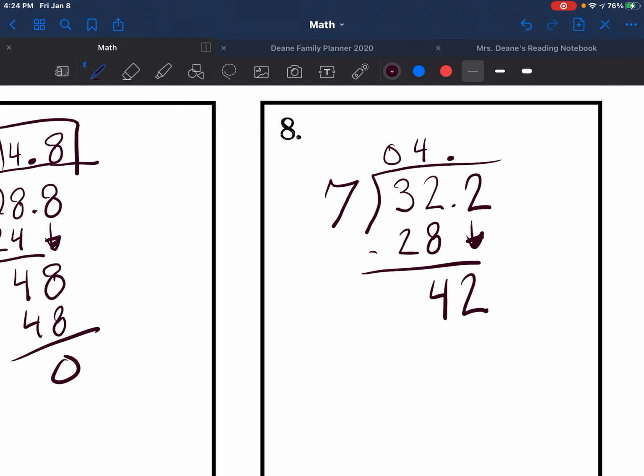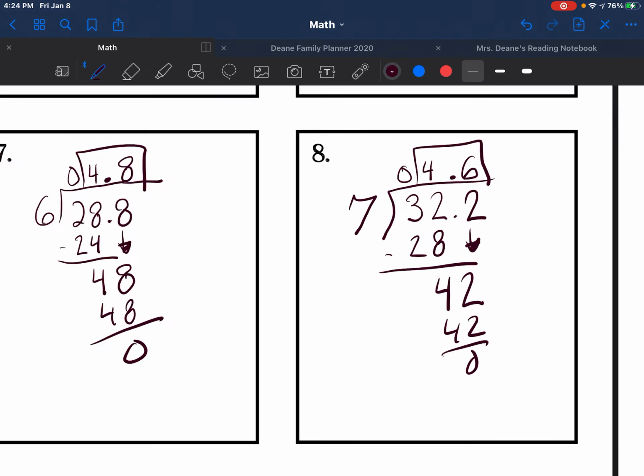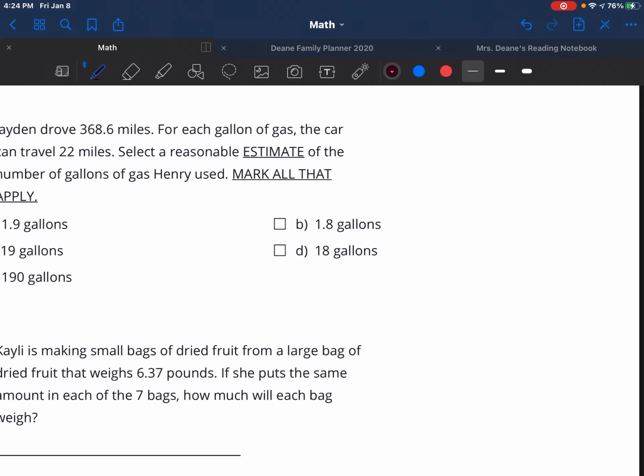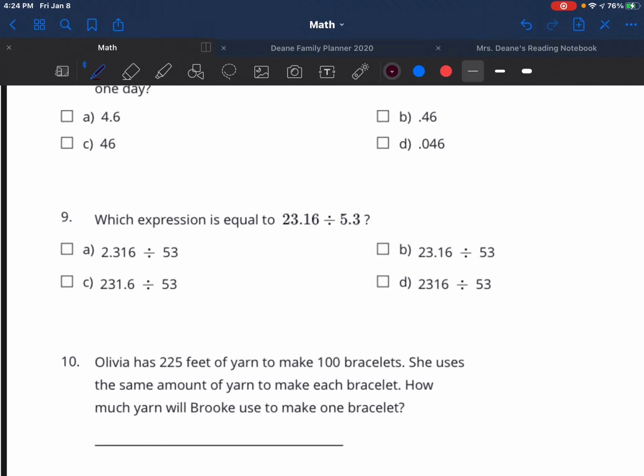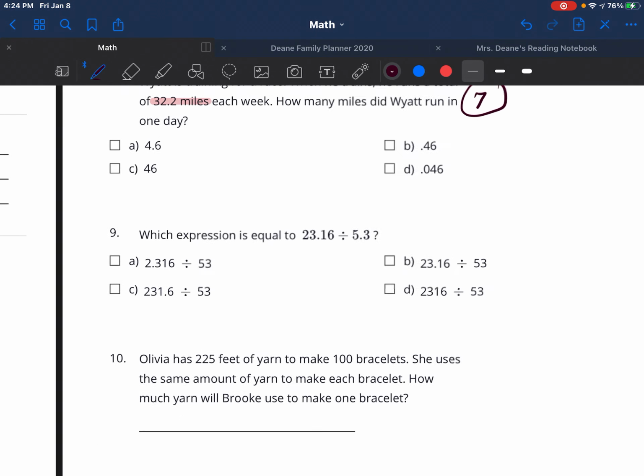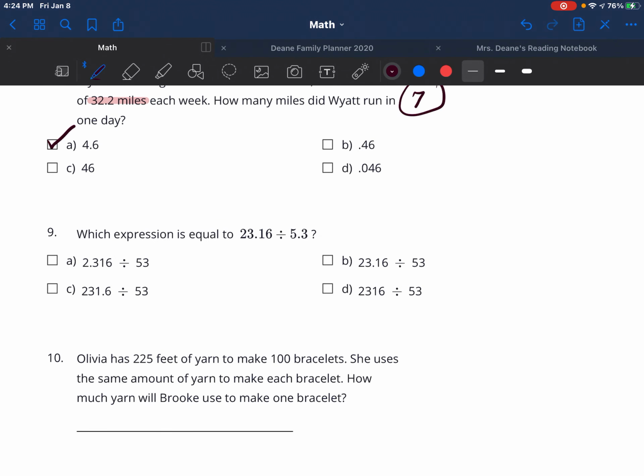Bring down our 2. And 7 times 6 is 42. So our answer here is he runs 4.6 miles. 4.6 miles, which would be A.